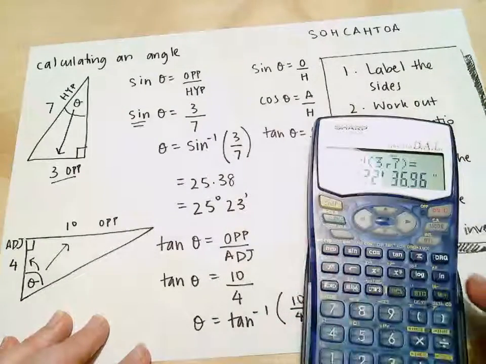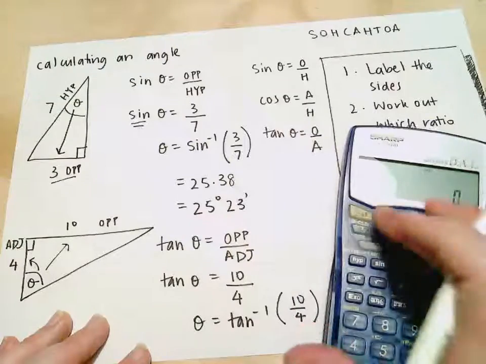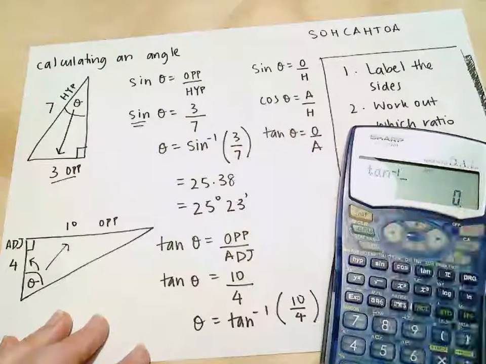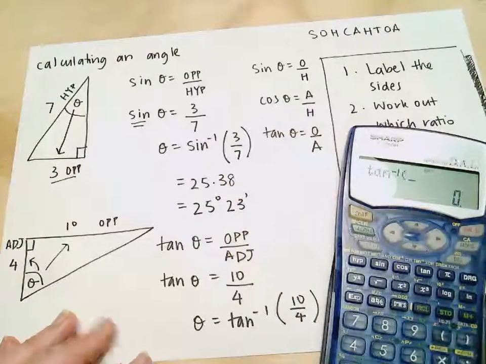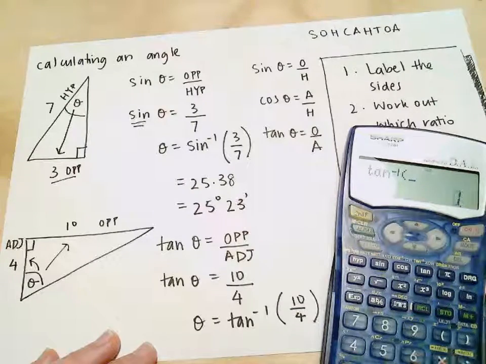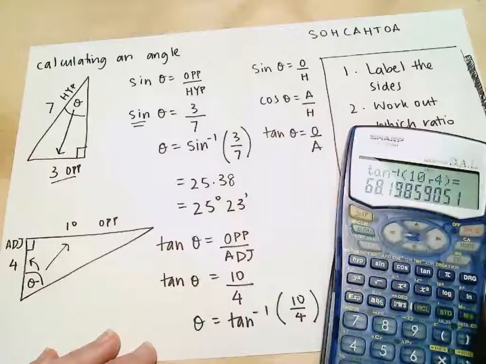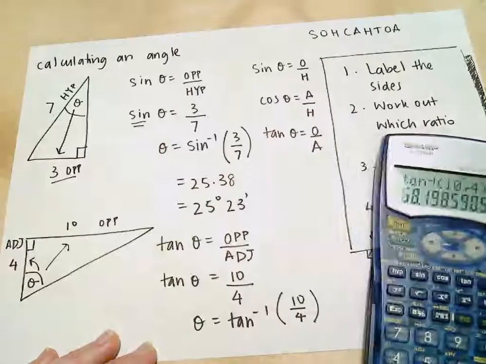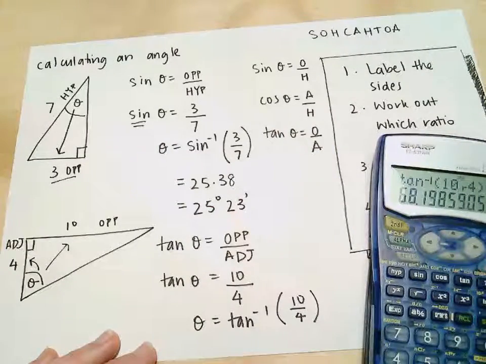So again on my calculator, I'm going to press second function tan to get tan to the minus 1 on my calculator. I open brackets, type in that fraction, 10 over 4, close my brackets, 68 point, you can't see the 6 there, 68.19859 and so on, if I'm writing it as a decimal.